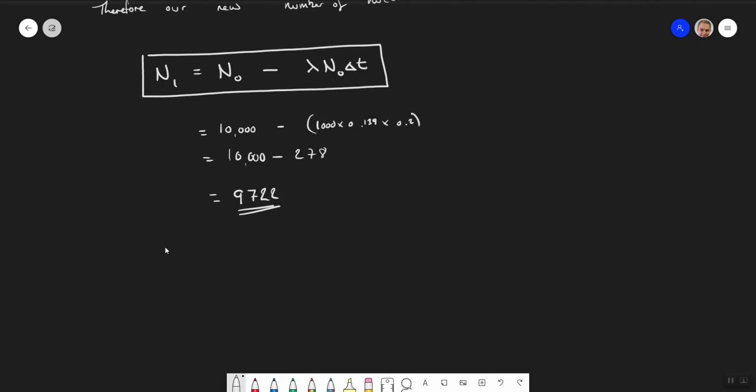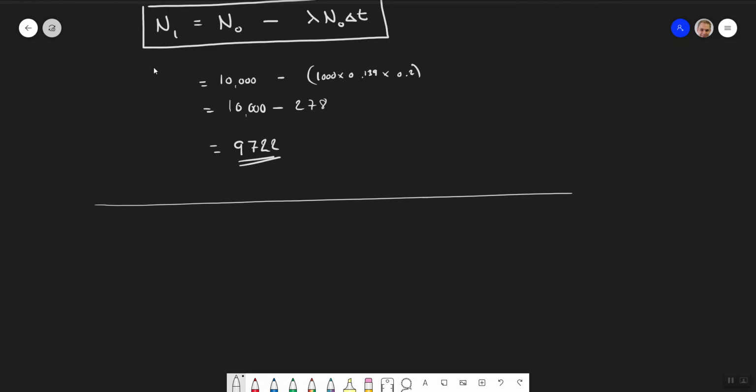What would happen if we doubled our time period? Let's say instead of our delta t being 0.2, it was 0.4. What would have happened? Well, let's use this again. N at 0.4 is going to equal N0 minus lambda N0 delta t.